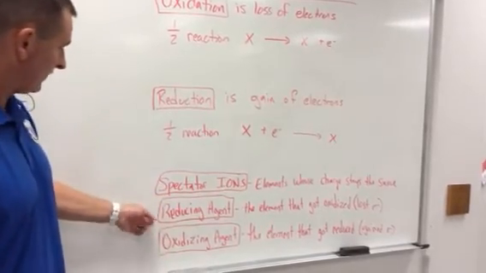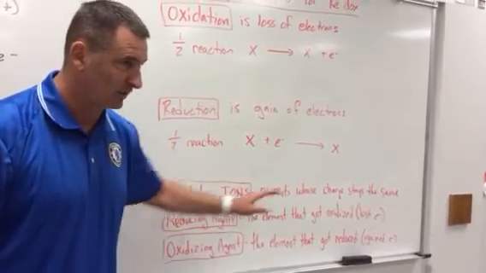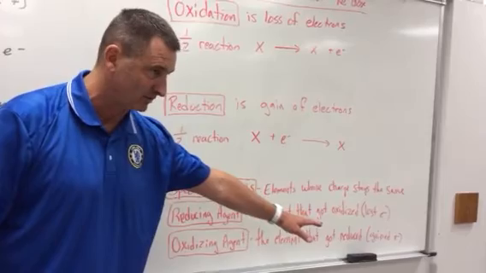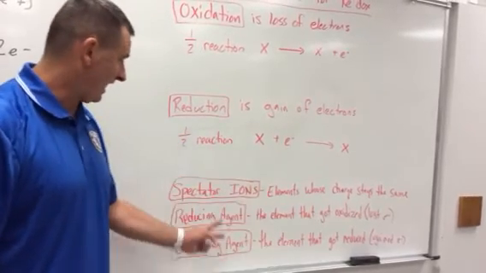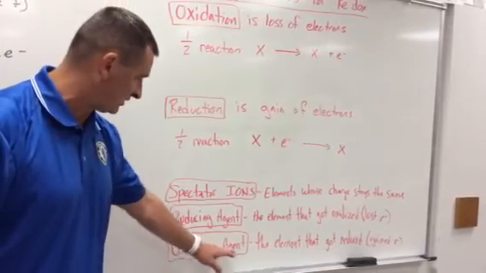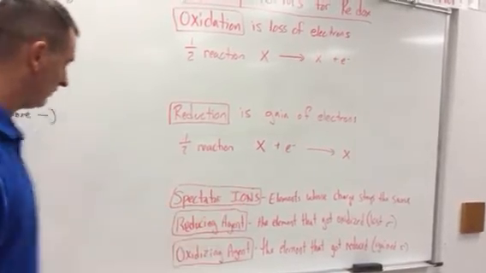Well, think about it this way. The reducing agent gets oxidized, so it's working for the other side. The oxidizing agent gets reduced. So the agent is going to do the opposite of what you think it is, right? So oxidizing agent gets reduced. Reducing agent gets oxidized. So which one of these is the reducing agent?